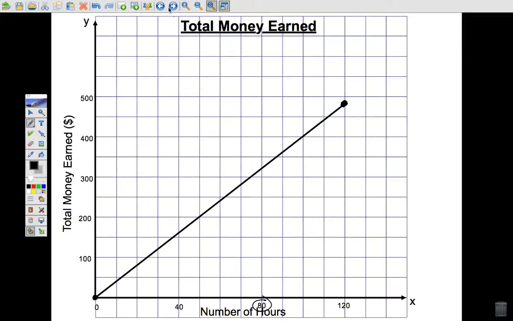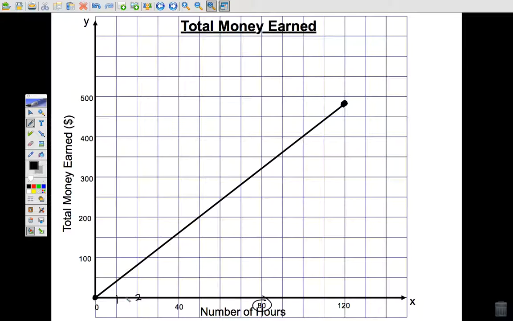Now the question is, remember that concept we talked about, discrete versus continuous? What would this be? Would this be a discrete graph or a continuous graph? The answer you should be thinking about is it's a continuous graph, because you don't just work 1 hour and then work all the way up to 2 hours and not get paid any money until you work that full 2 hours, right?